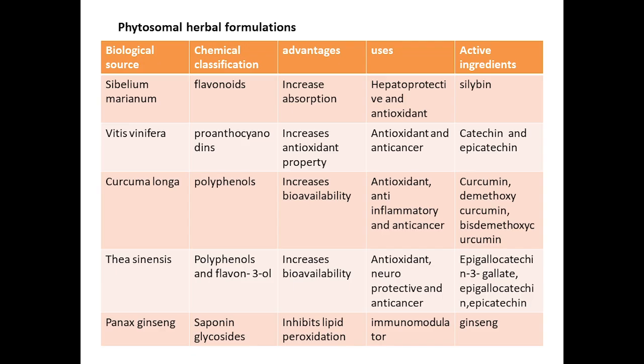Next one is Panax ginseng. The chemical class is saponin glycoside. It inhibits the lipid peroxidation process. Use is as an immunomodulator, and the active ingredient present is ginsenoside.